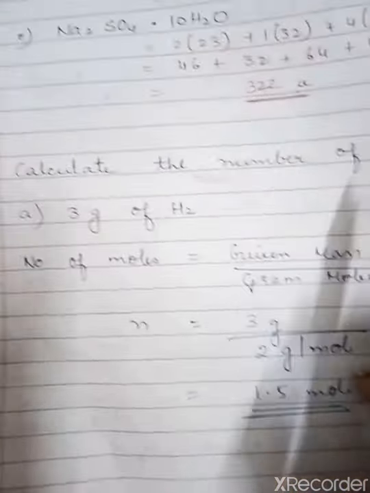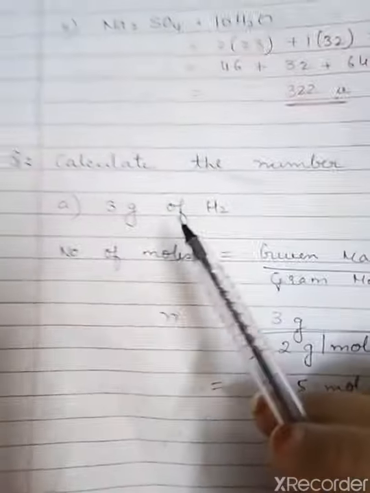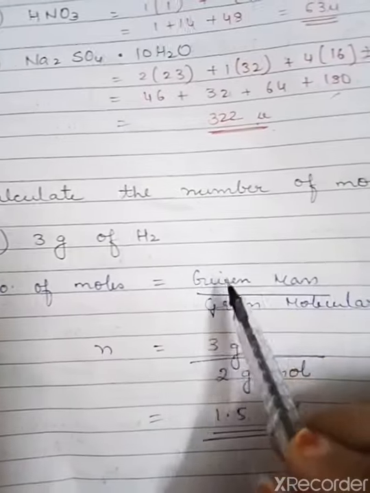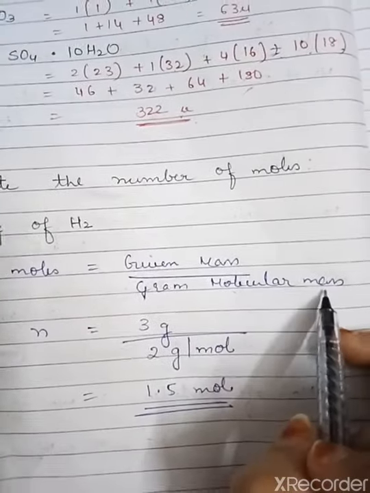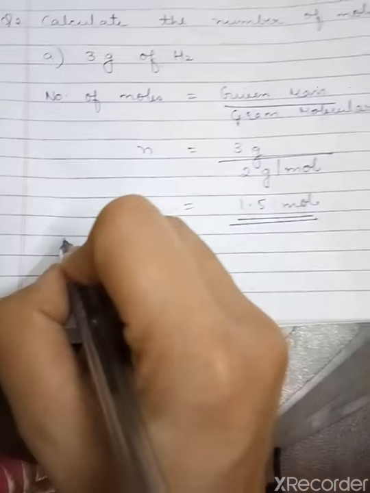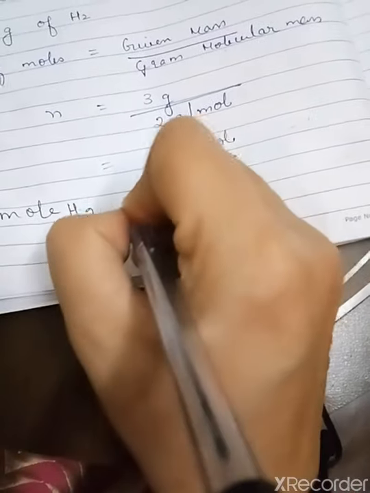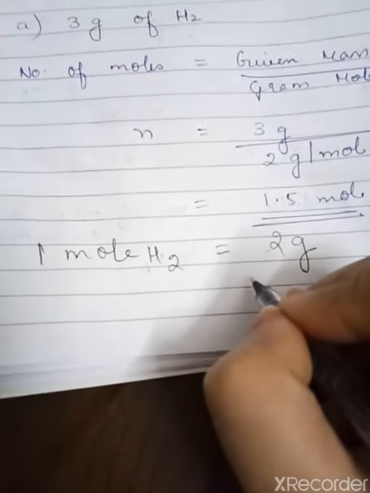Now calculate the number of moles. How to calculate the number of moles? 3 gram of hydrogen. Number of moles is equal to given mass upon gram molecular mass. By the mole concept, we know that 1 mole of hydrogen is equal to how much molecular mass? 2 gram.